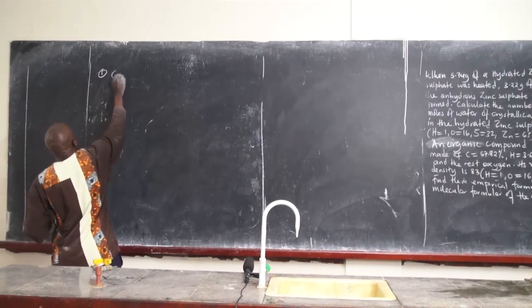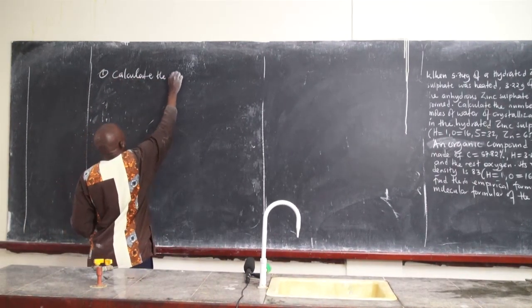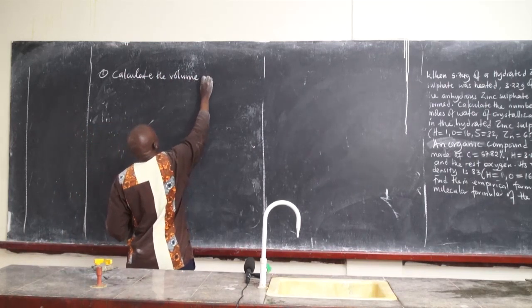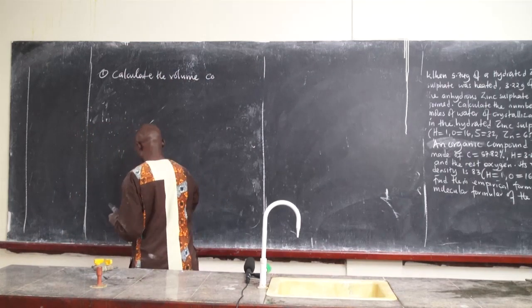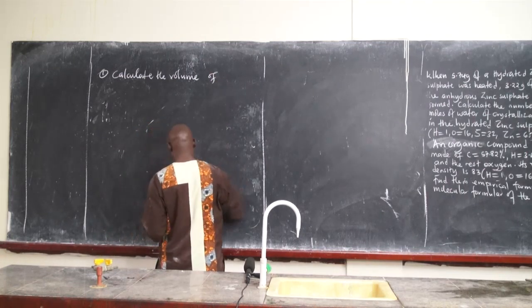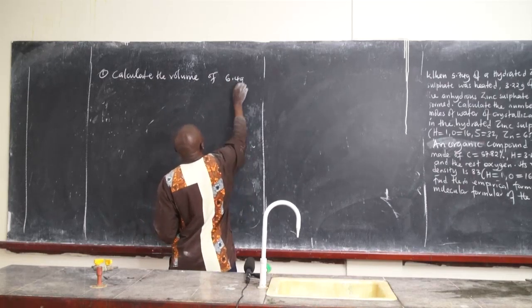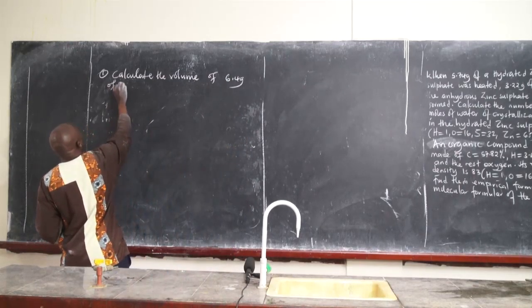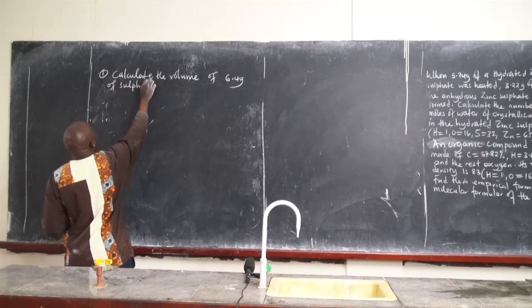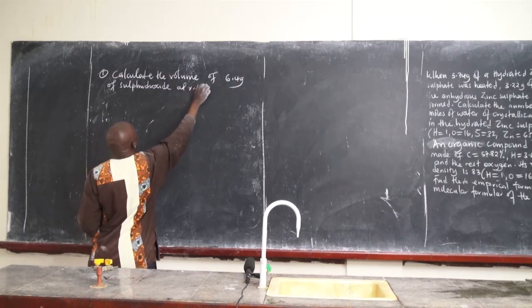So question 1, calculate the volume of 6.4 grams of sulfur dioxide at RTP.